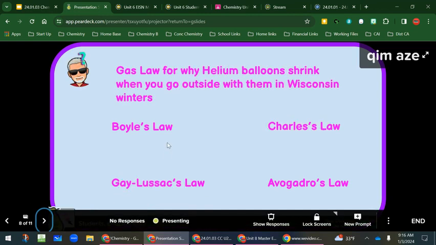Gas law for why helium balloons shrink when you go outside with them in Wisconsin winters. Which gas law tells us why helium balloons shrink when you go outside with them in Wisconsin winters, ladies and gentlemen?